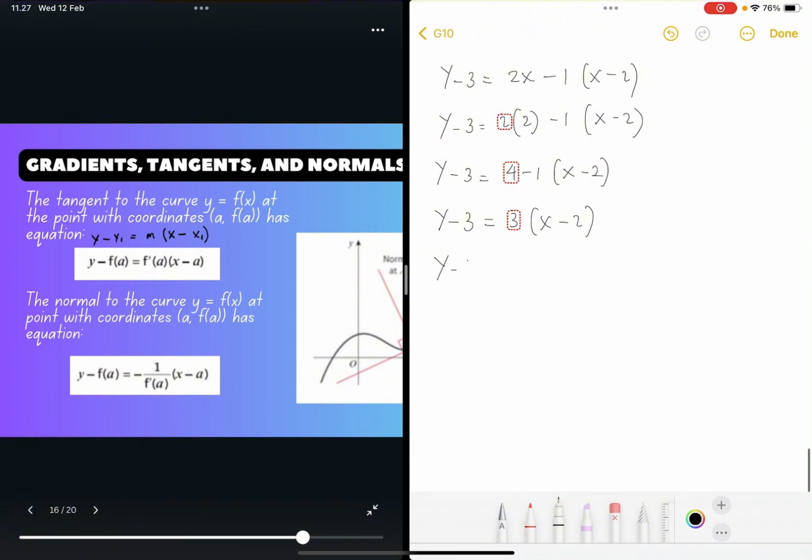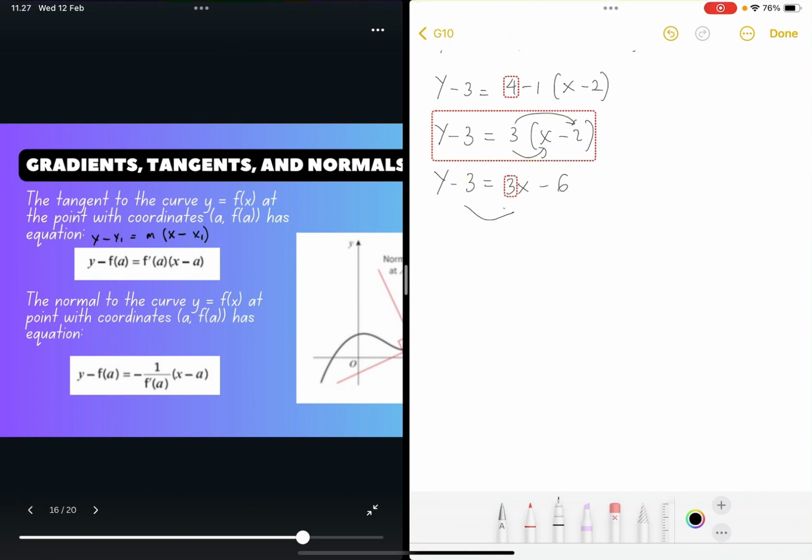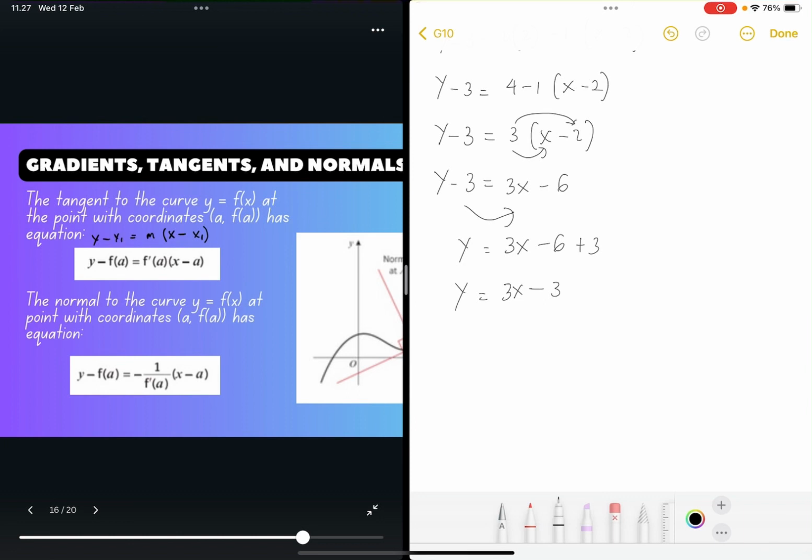Next, expand the brackets, 3x minus 6. And then next, here the minus 3, we will move it there, it becomes minus 6 plus 3. Here y equals 3x minus 3. Okay, then done.